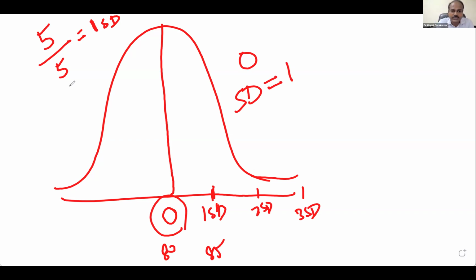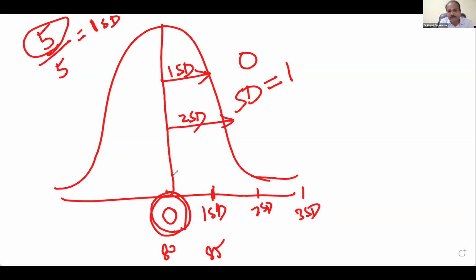Earlier, what was the standard deviation? It was 5. But as far as this distribution is concerned, the average is 0, and there is 1 standard deviation here, 2 standard deviations here, and 3 standard deviations here.